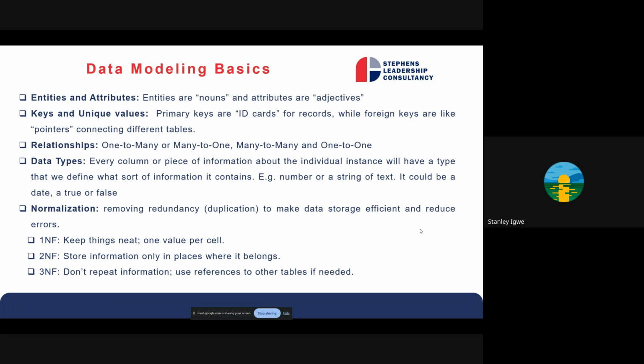Another way we do it is if you see a table where there is a column called orders, and then you see another one that is order 1, order 2, order 3, order 4. That table design is wrong, because what it means is that the orders are repeating. You should create a new table called orders and link it to a unique ID. And when you link it to a unique ID, all you need to do is relate those two tables together.